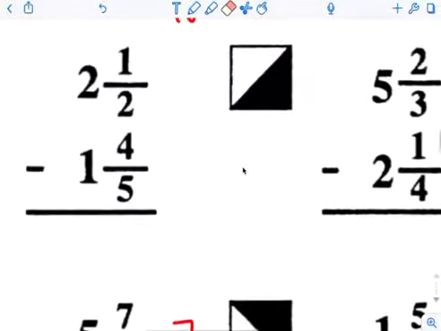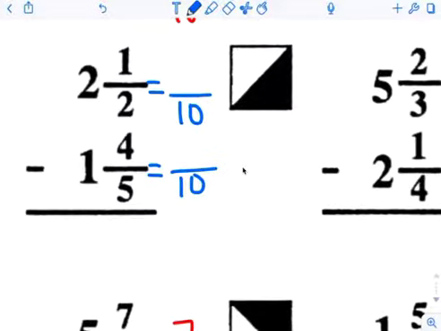Same thing here, least common denominator is 10. Both 2 and 5 can go into 10. 2 times what makes 10? 2 times 5. Times 5 here is 5. 5 times what makes 10? Times 2, right? So times 2, it's 8. You cannot subtract. The denominator's 10, so you're borrowing from here.